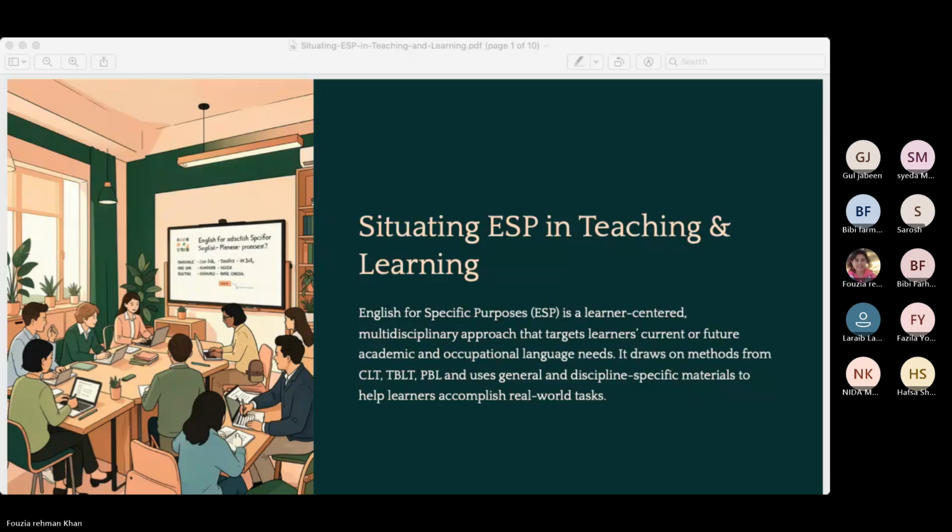Anyway, so moving from grammar translation to audiolingual, then task-based learning, and communicative language teaching is a modern method comparatively. And then we ended up in the eclectic approach. Now what is this eclectic approach?